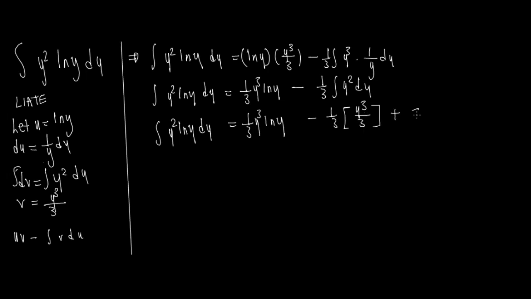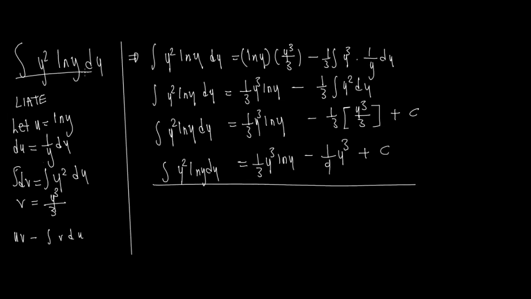We add a constant of integration. So the integral of y squared ln y dy will be equal to 1 over 3 y cubed ln y minus, 1 over 3 times 1 over 3 is 1 over 9 y cubed, plus c. So this one is the integral of this problem.